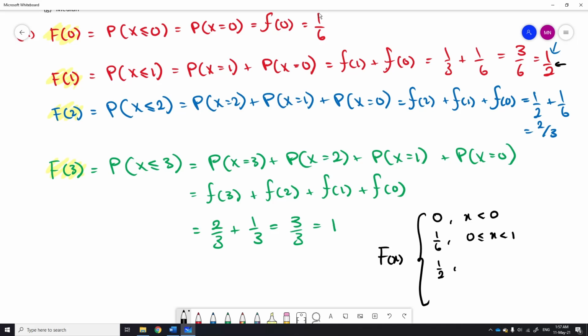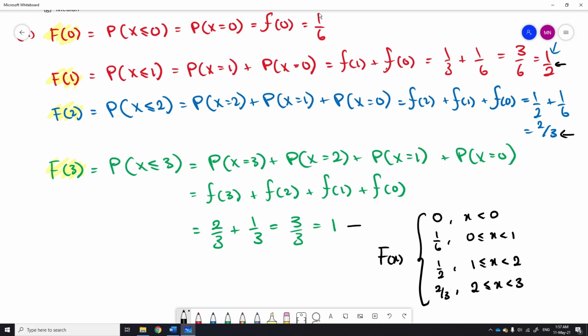So 1 over 2 covers the region 1 less than or equal to x until 2. Then for f2 we have 2 over 3 for the region 2 less than or equal to x less than 3.